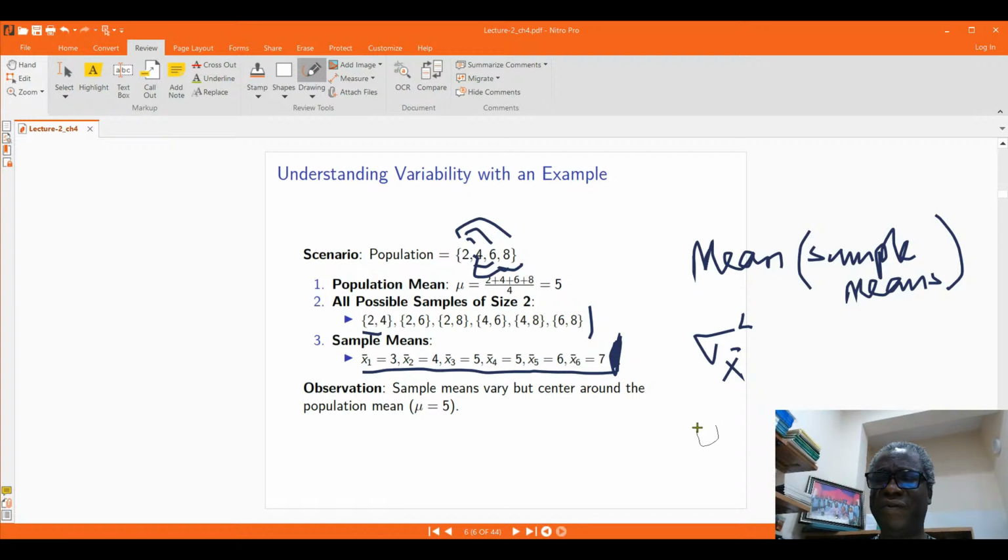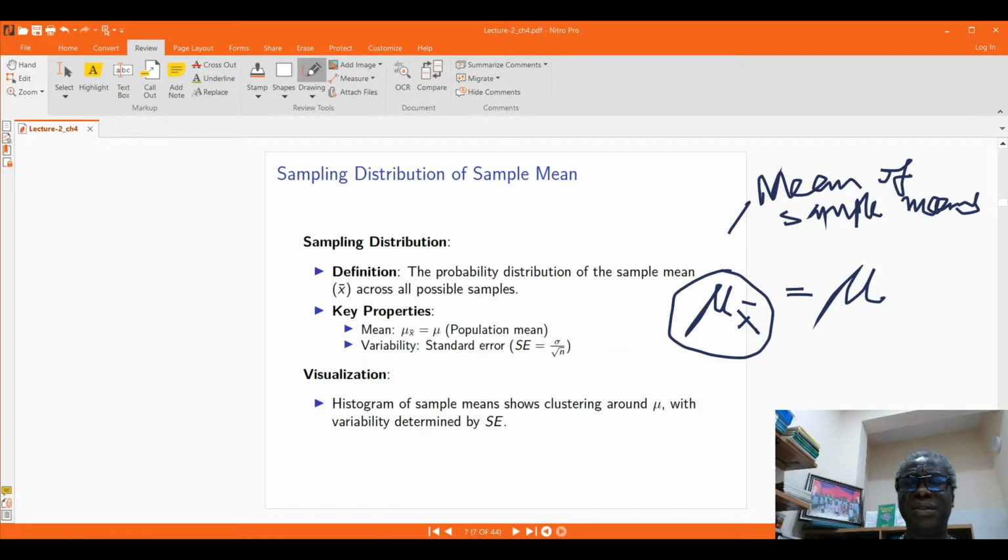I can also find the standard deviation of the sample means. So that's what we call the standard error.